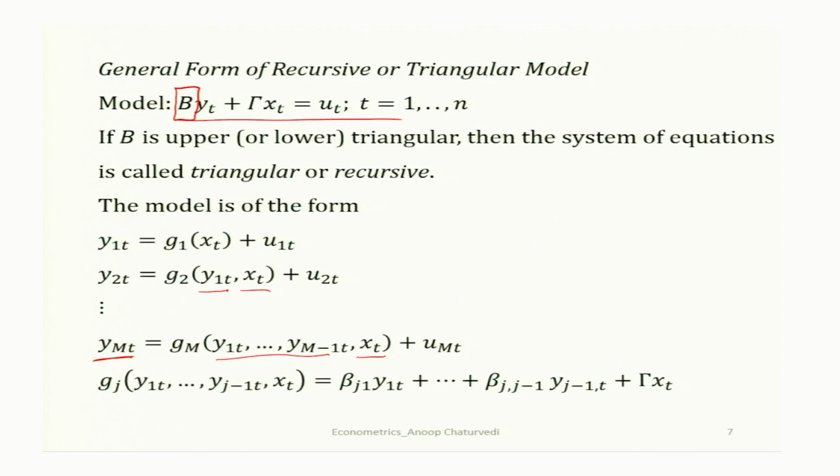And in this particular case, actually g j of y 1 t and so on up to y j minus 1 t, x t is equal to beta j 1 y 1 t plus and so on plus beta j j minus 1 y j minus 1 t plus gamma x t. So, in different equations y's are appearing recursively.